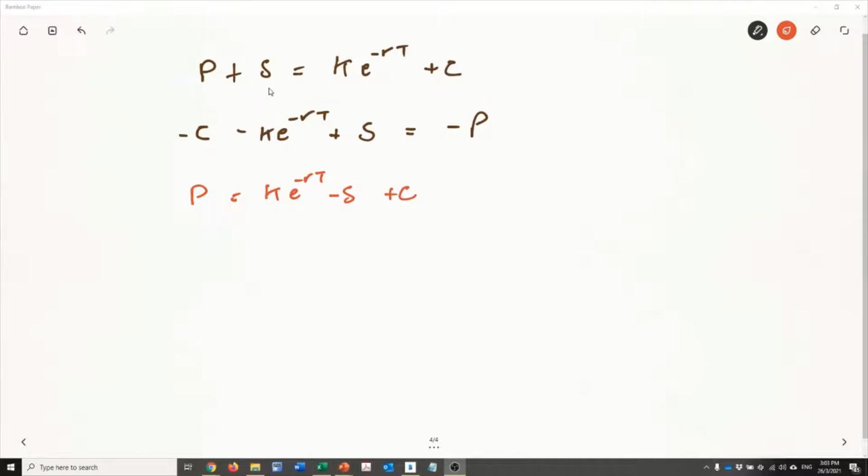Taking S to the other side, now we have a long position in a call option, a short position in the stock, plus a long position in the zero coupon bond, which will give us a long synthetic position in the put option.